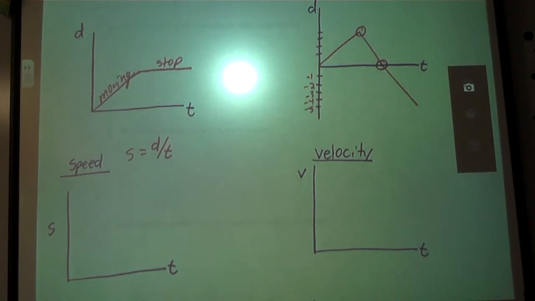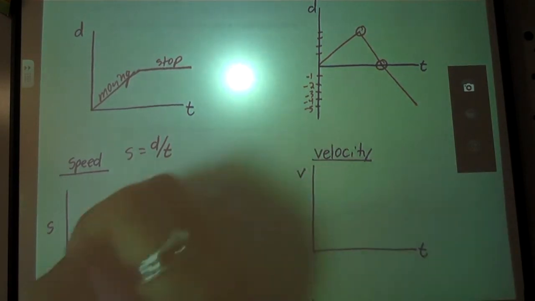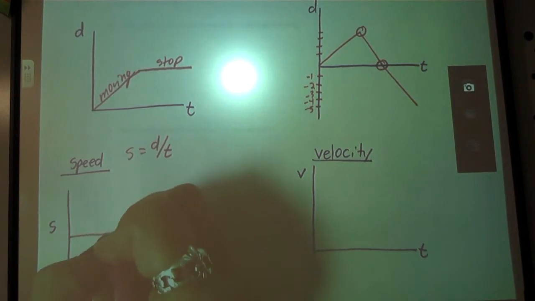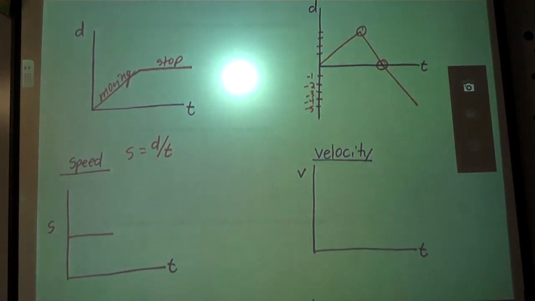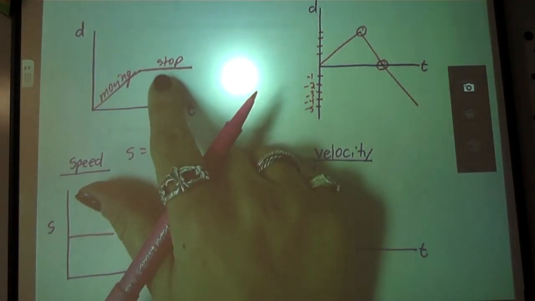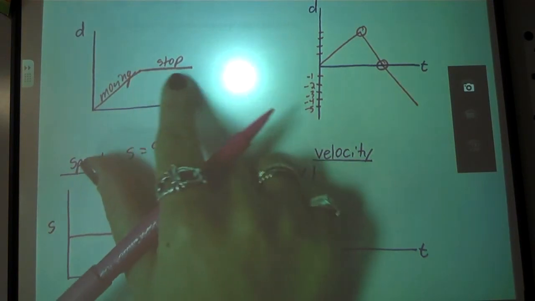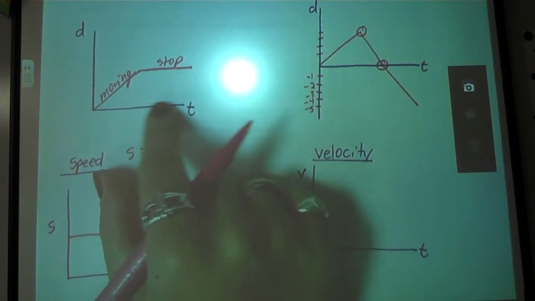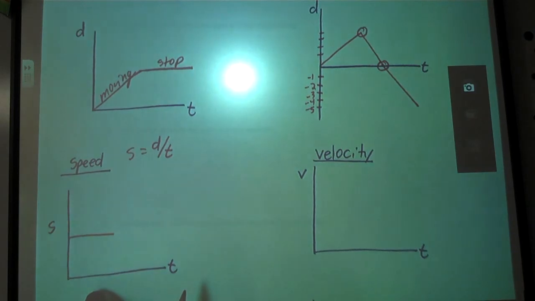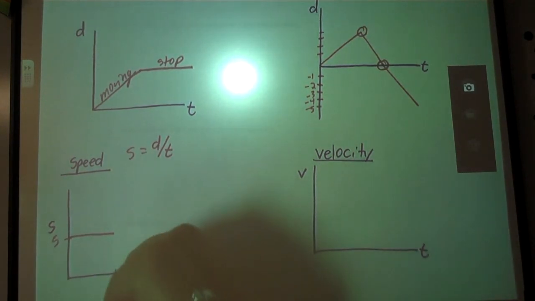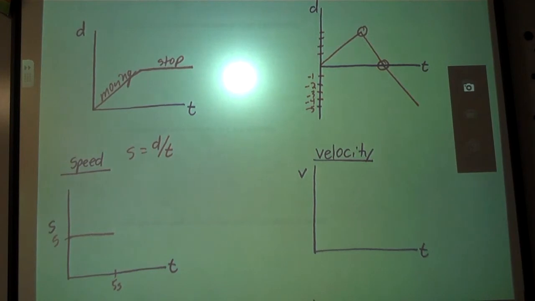you are going at a constant speed. It is not changing. Just like our displacement or our distance graph up here, this stop was a flat line because my distance is no longer changing, but time marches forever forward. The same thing can happen here with our speed graph. So if this was 5, for example, 5 miles per hour, and we went 5 miles per hour for 5 seconds, that would be indicated by a straight line right there at 5, because it is not changing.